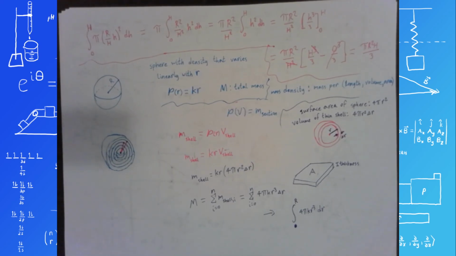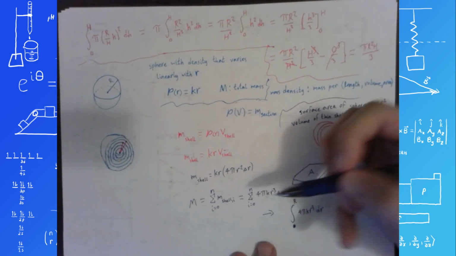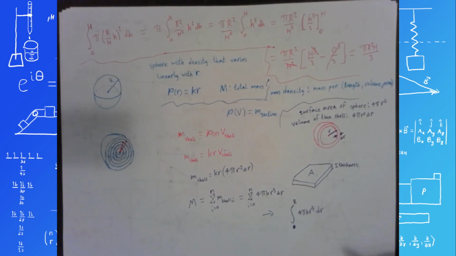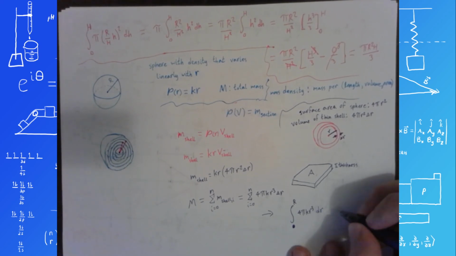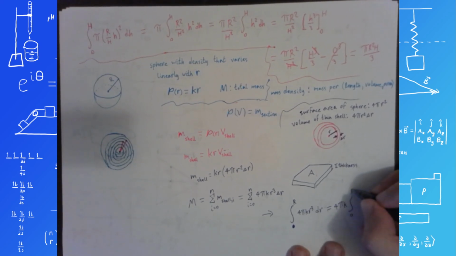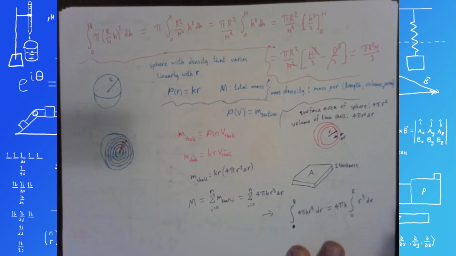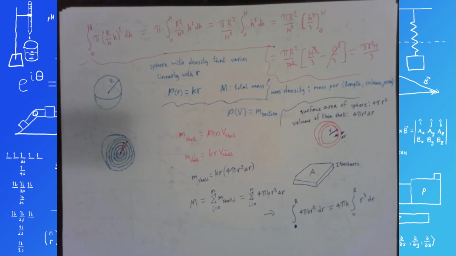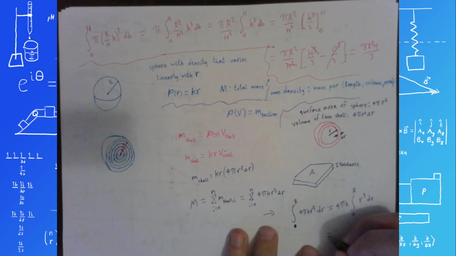Okay, the 4 pi k, those are constants. I can just factor them out of the integral the same way I can factor them out of this summation. I'd be left with 4 pi k times the integral from 0 to big R of r cubed dr. R cubed dr will integrate to, well, a cube becomes a 4th power, and then we divide by 4, so that becomes r to the 4 over 4.